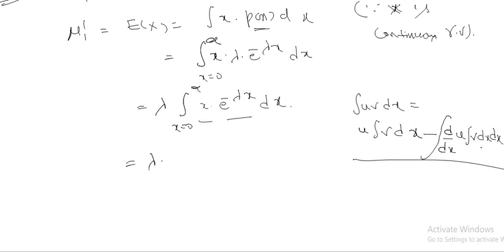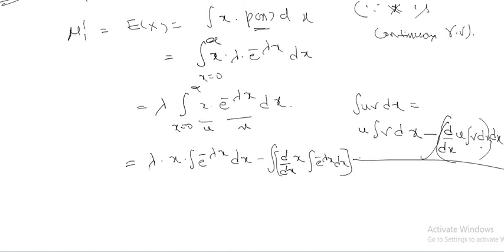Here u is x, and v is e to the power of minus lambda x. So it is x times the integration of e to the power of minus lambda x dx, minus the integration of d by dx of u, which is x, times the integration of v dx, e power minus lambda x dx, again whole dx.